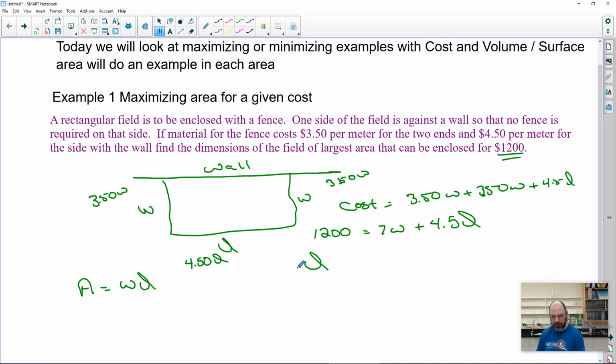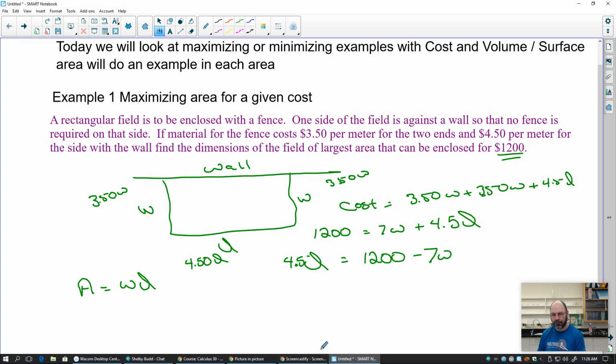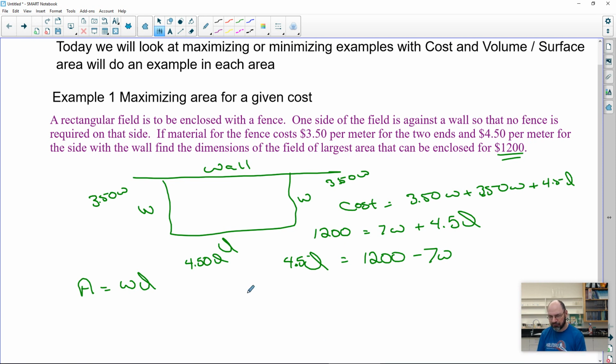So we're going to say 4.5 L equals 1,200 minus 7W. So we're going to subtract 7W from both sides. Okay, we've got to take our calculator out and divide out 4.5. So L equals, okay, what's 1,200 divided by 4.5?